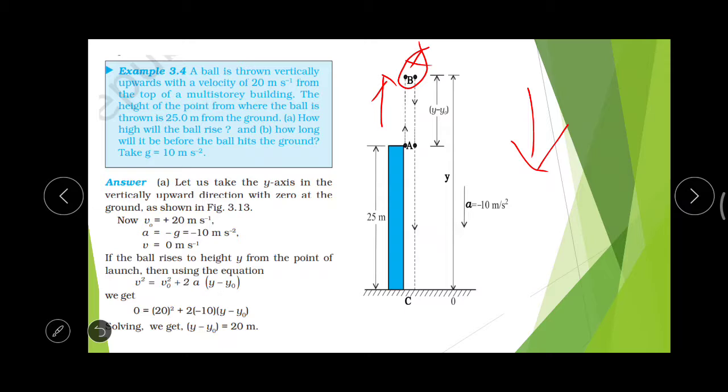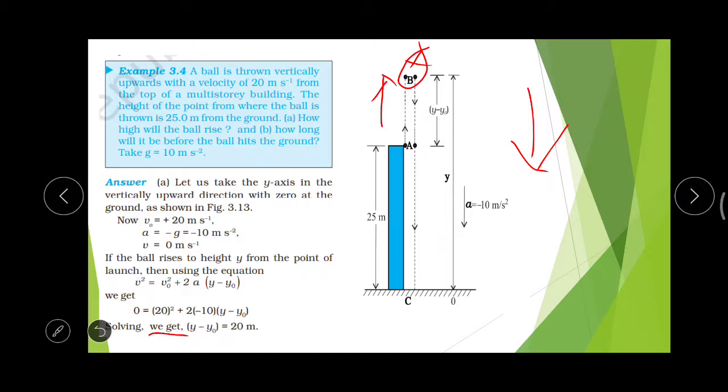Substitute those values. v is the final velocity, that is 0, so 0 squared is 0. v0 squared is 20 squared, which is 400, plus 2 into a, that is 2 into minus 10, times (y minus y0).